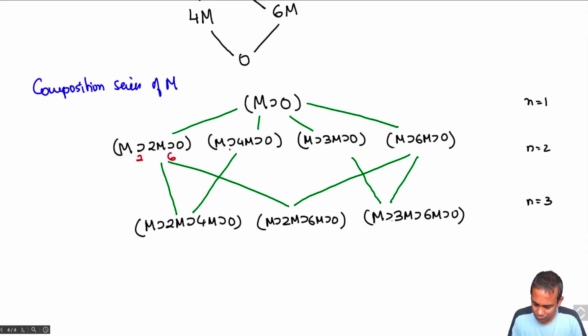Out here you have 4 and you have 3 as the subquotients. Out here, sorry, I think this one is 3 and 4, and out here you have 2 and 6. So these are the orders of the quotients of these series.